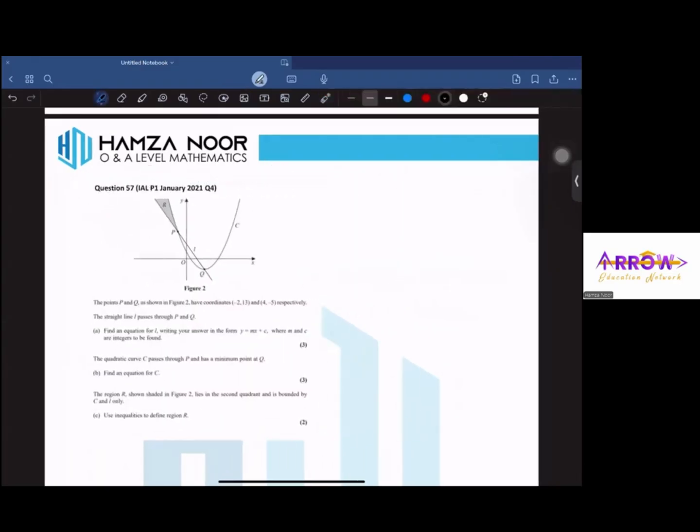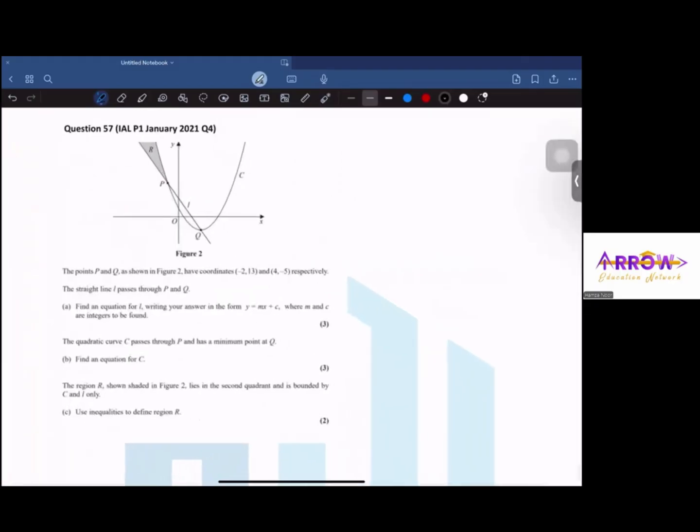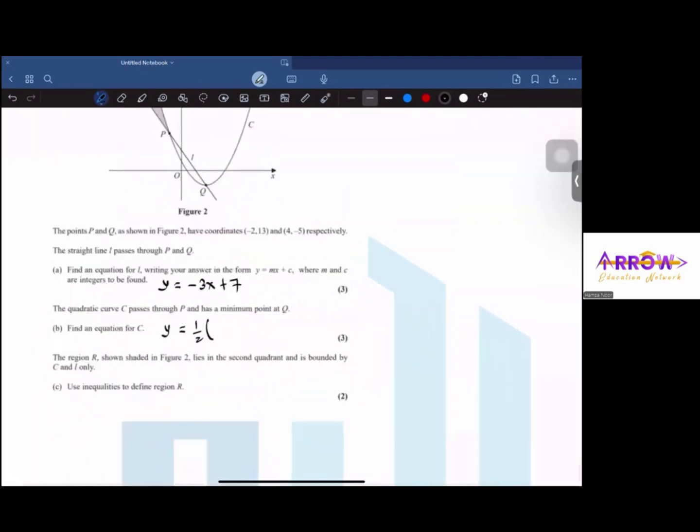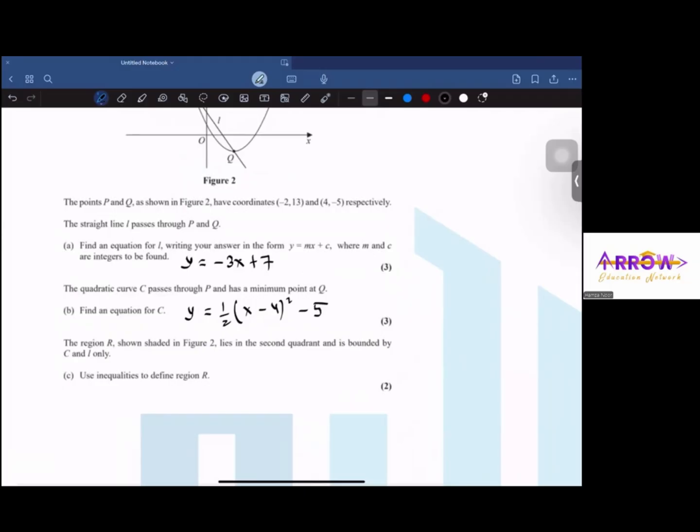So what we know so far is that the equation of the line L is y equals minus 3x plus 7, and the equation of the curve is y equals half multiplied by (x minus 4) whole squared minus 5. These were the answers of part A and B respectively.